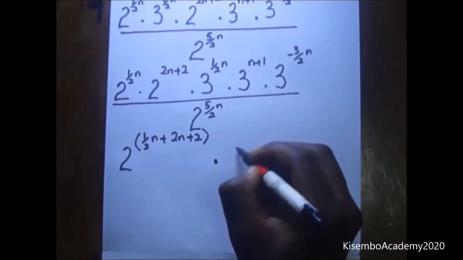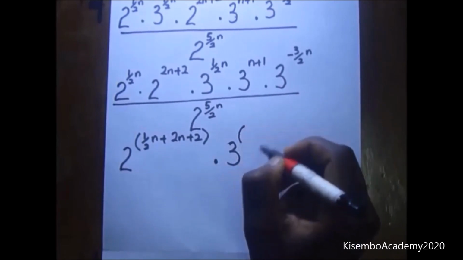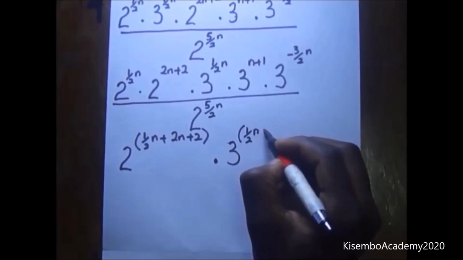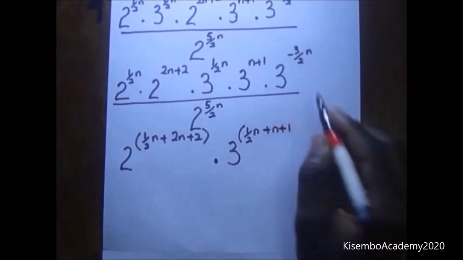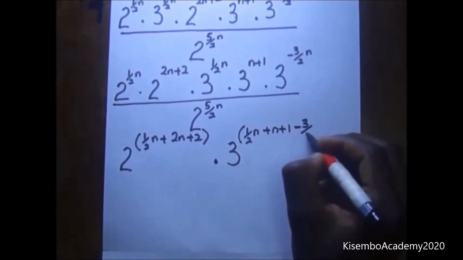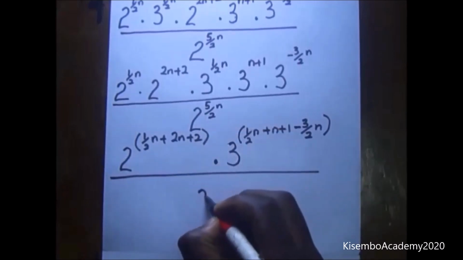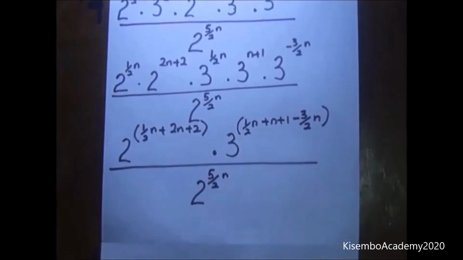This is the same base, so we maintain the 3 and add all the powers, which gives half n plus 1 minus 3 over 2n. Divide all that by 2 to the power 5 over 2n.